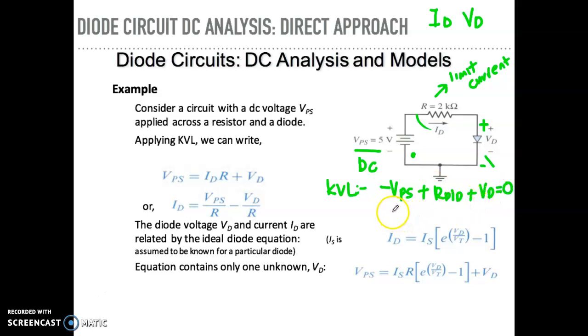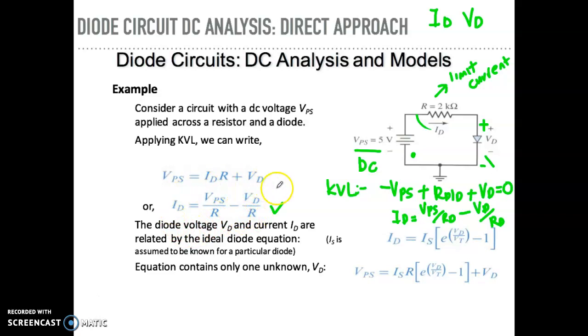You rearrange this, so it becomes ID equals VPS over RD minus VD over RD. Okay, RD here means R here. So you get the same here: ID equals VPS over R minus VD over R.